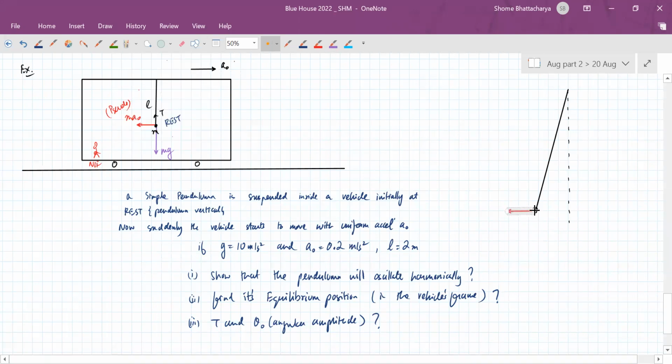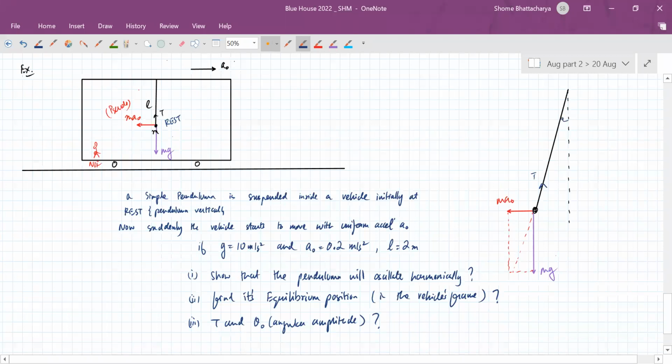So when the vector sum of mg and the pseudo force aligns with the thread, that becomes the equilibrium position. At equilibrium, this is what should happen.